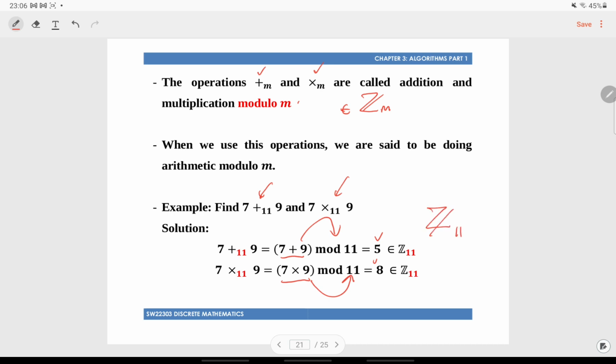The set of integers modulo 11 contains the integers from 0 up to 10, because 10 is equal to 11 minus 1. So obviously, both 5 and 8 belong to the set of integers modulo 11.